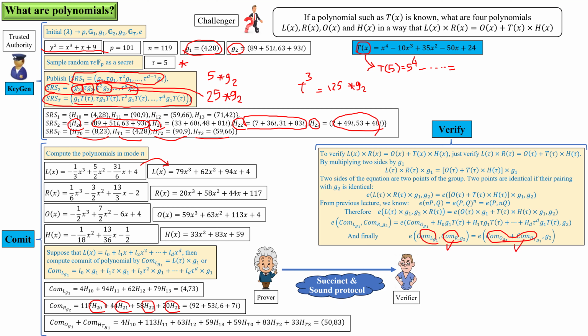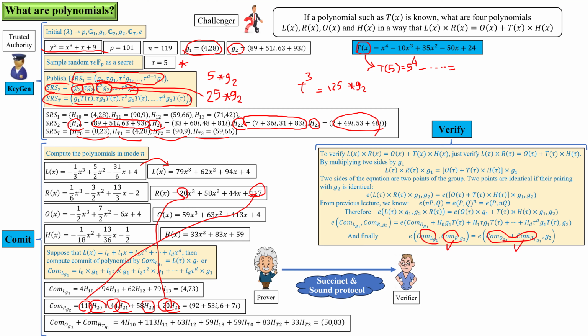And these are the coefficients of the polynomial, right? Like this value is a coefficient, and 117 is this coefficient. Using the coefficients of the polynomials and the SRS values, the prover will compute the commit of polynomials.